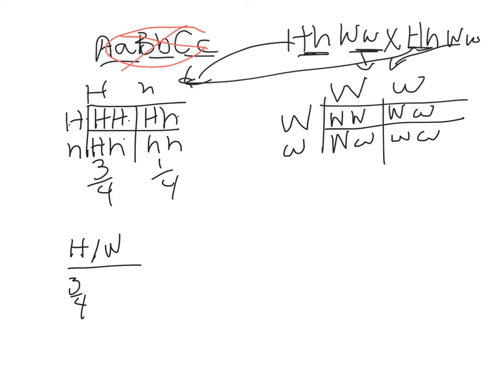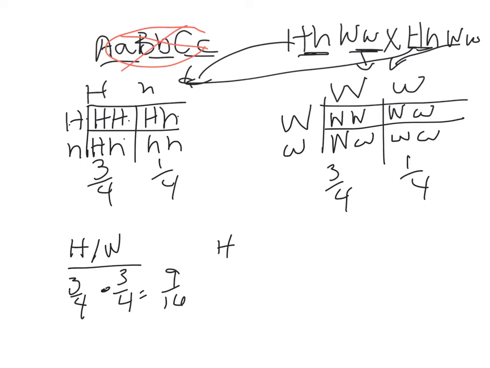And again, with this square over here, 3 out of 4 individuals have widow's peak, but only 1 out of 4 has a straight hairline. So you multiply 3 out of 4 times 3 out of 4 gives you 9 out of 16. So 9 individuals out of our 16 would have both Hitchhiker's thumb and widow's peak.